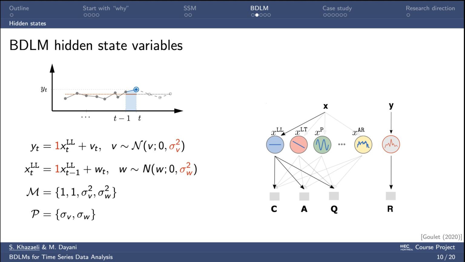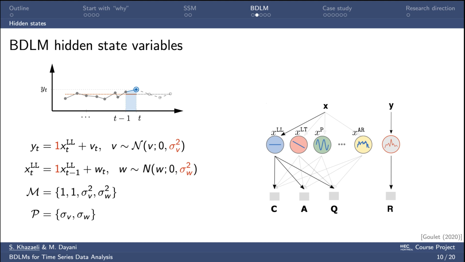Let's look at a very simple example. Imagine we have a time series and we want to model it only by using a constant local level. Then the equation is reduced to y equals 1 multiplied by x_LL plus v. And the transition model will be x_LL at time t equals 1 multiplied by x_LL at time t minus 1 plus w.